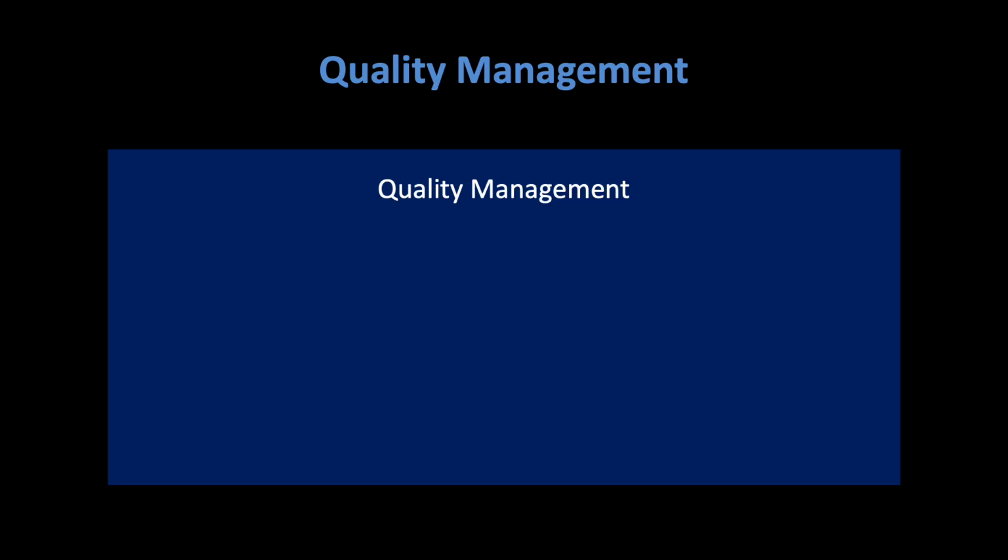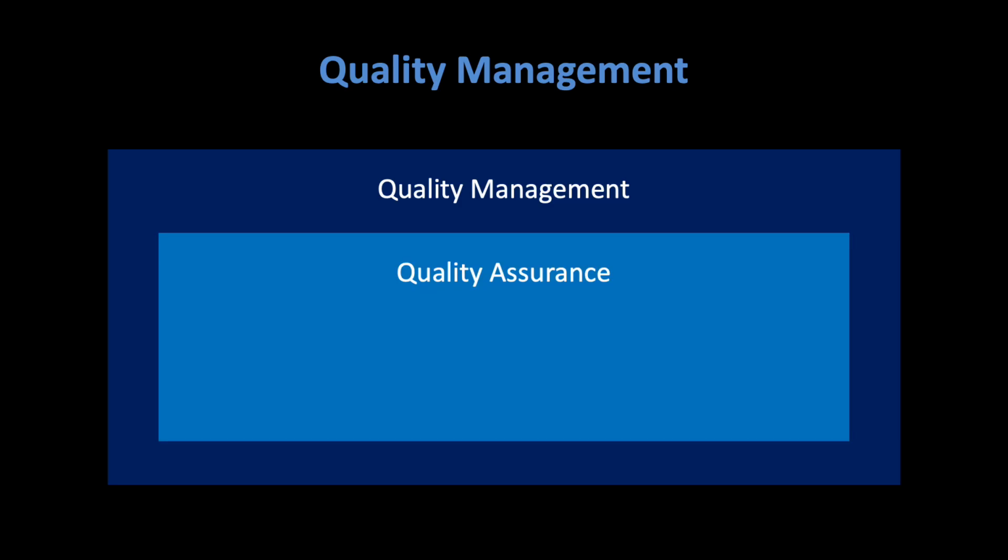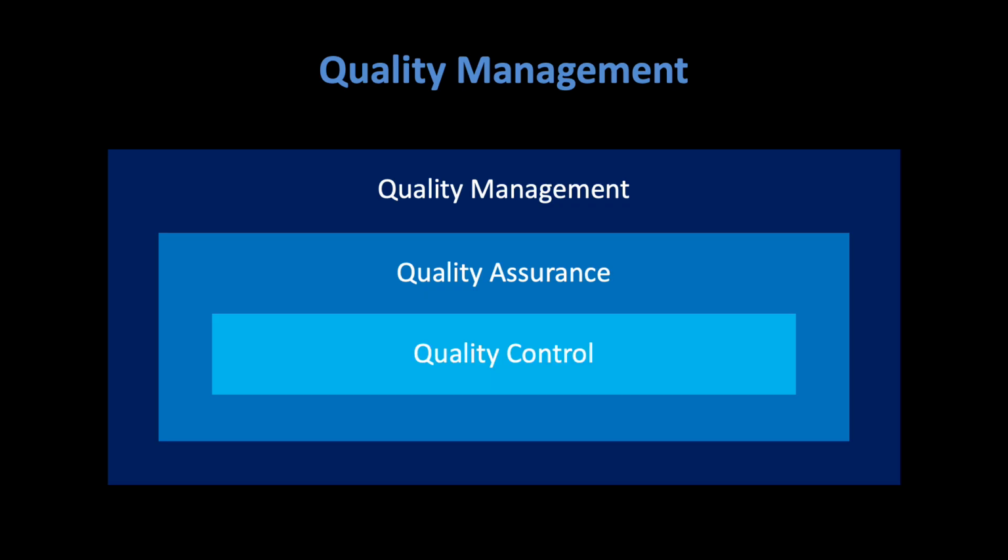Within this realm, quality assurance is the proactive activity that gives confidence that quality requirements are met by preventing defects and any kind of errors. And within that, quality control ensures that criteria and KPIs are met by detecting issues and making sure that those are fixed.